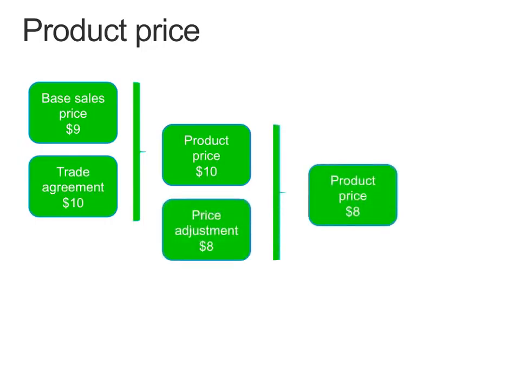Then on top of that, the price adjustment comes into play. If there are line or multi-line discount trade agreements set up, there will be a comparison between those discounts and the price adjustment, and basically the best price of those will be applied. So in this scenario, we end up with a product price of $8.